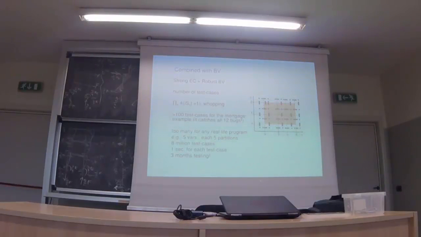Why? Considering 5 variables, which have 5 possible partitions or subsets each, then we have 8 million test cases. Obviously, we do not have to use 1 second for each test case. We can have much less than this. But considering 1 second for each test case, we have spent 3 months of pure computer testing for just 1 function.